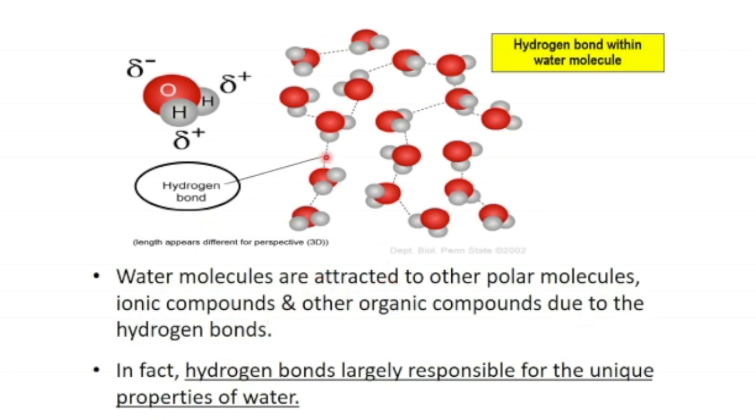Because of these hydrogen bonds, water molecules are able to stick together, and water molecules are attracted to other polar molecules, ionic compounds, and other organic compounds. In fact, hydrogen bonds are largely responsible for the unique properties of water.